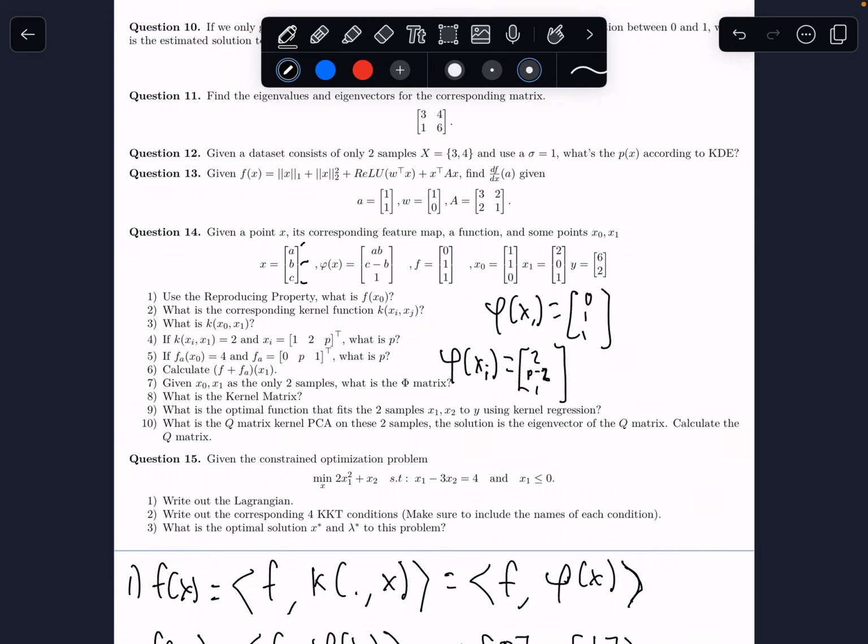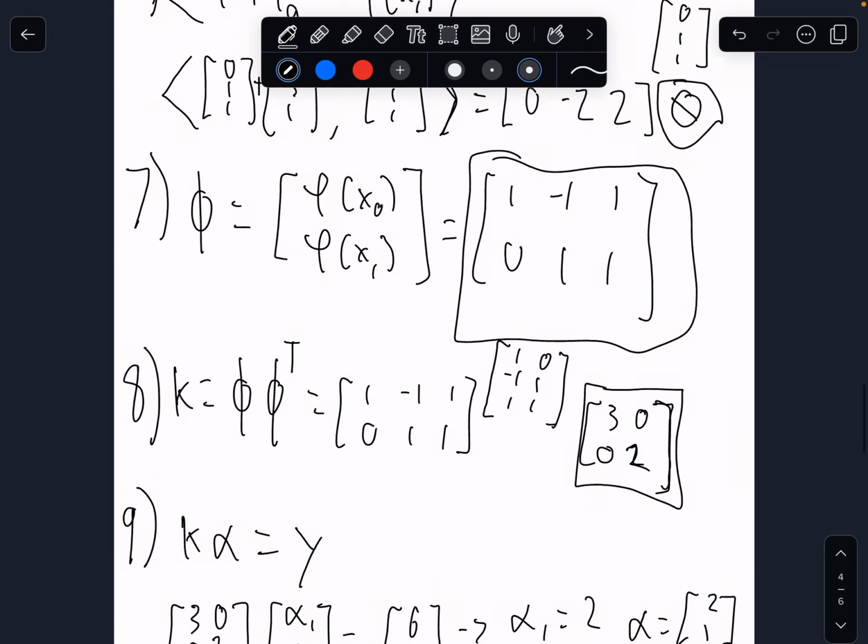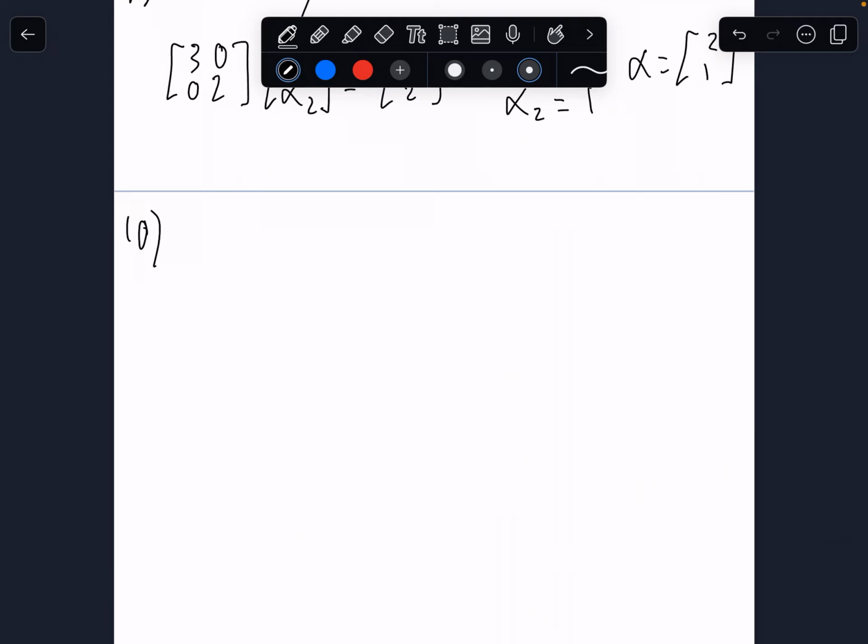And what is the Q matrix of kernel PCA on these two samples? The solution is the eigenvector of the Q matrix. Calculate the Q matrix. Okay, so let's find the Q matrix. You might remember from kernel PCA that we substitute alpha transpose K, centering matrix, K alpha, and this portion is Q. So we have 3, 0, 0, 2.